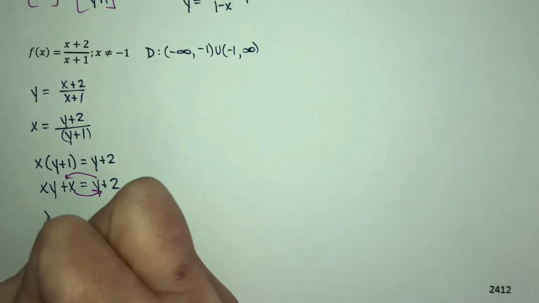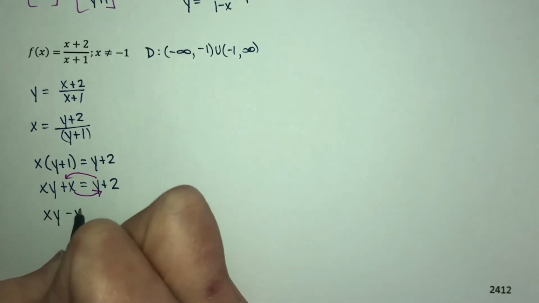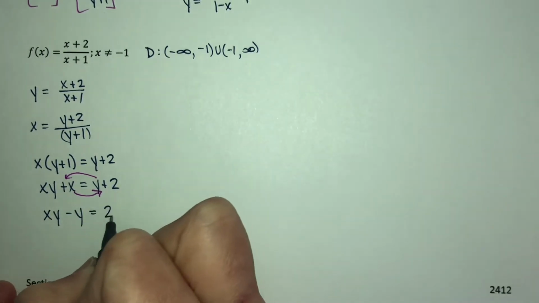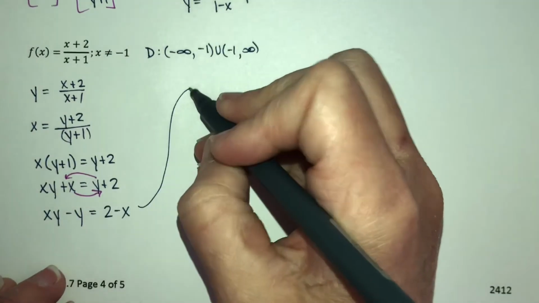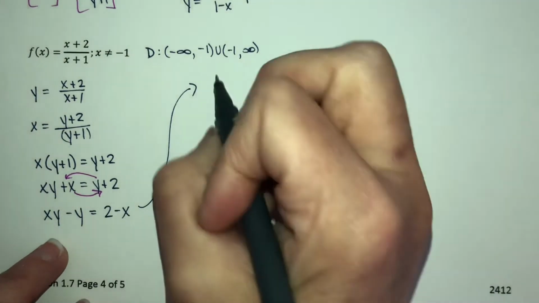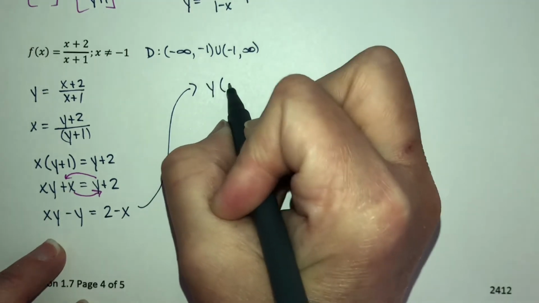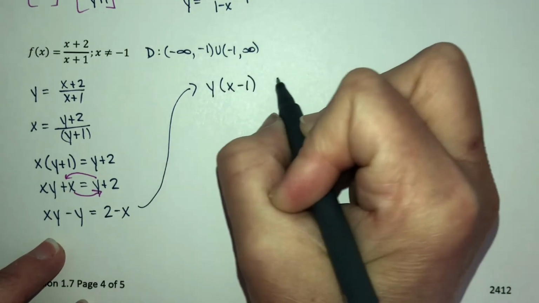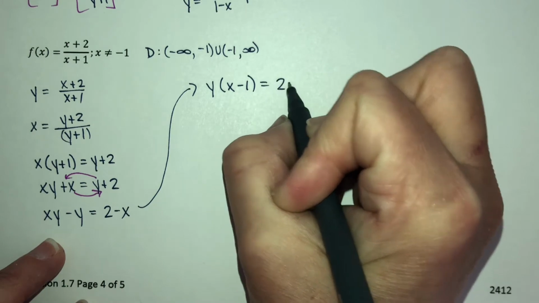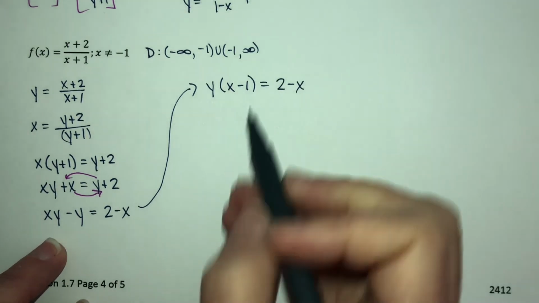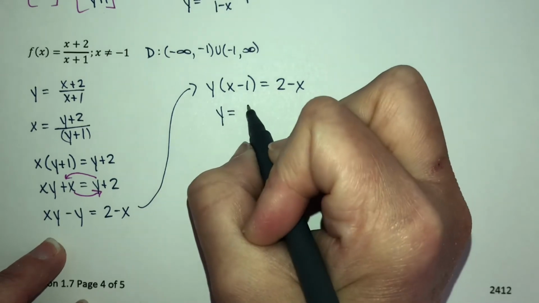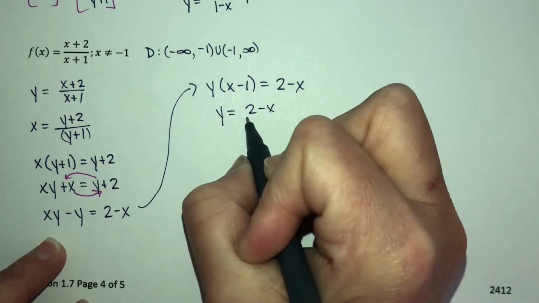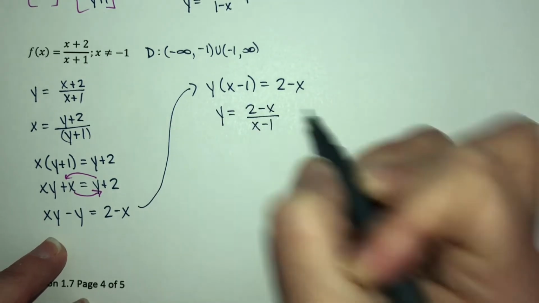So I get xy minus y is equal to 2 minus x. I'm going to factor a y out of the left-hand side to get x minus 1. And now divide both sides by x minus 1. And we get y is equal to 2 minus x over x minus 1.